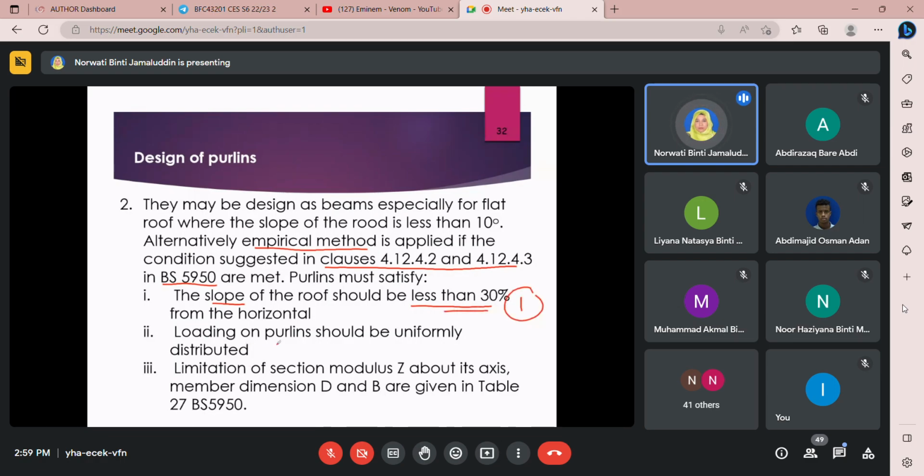Then the loading on purlin is uniformly distributed, not point load. Okay, then after that you can use table 27, not 29, I think. Table 27 in BS 5950, where in this table you can have Z value, D value, and B value.